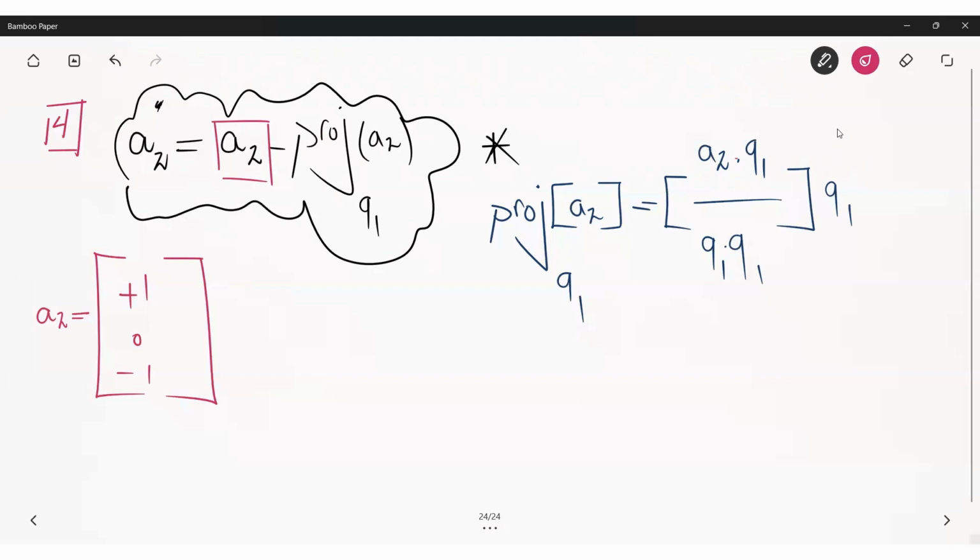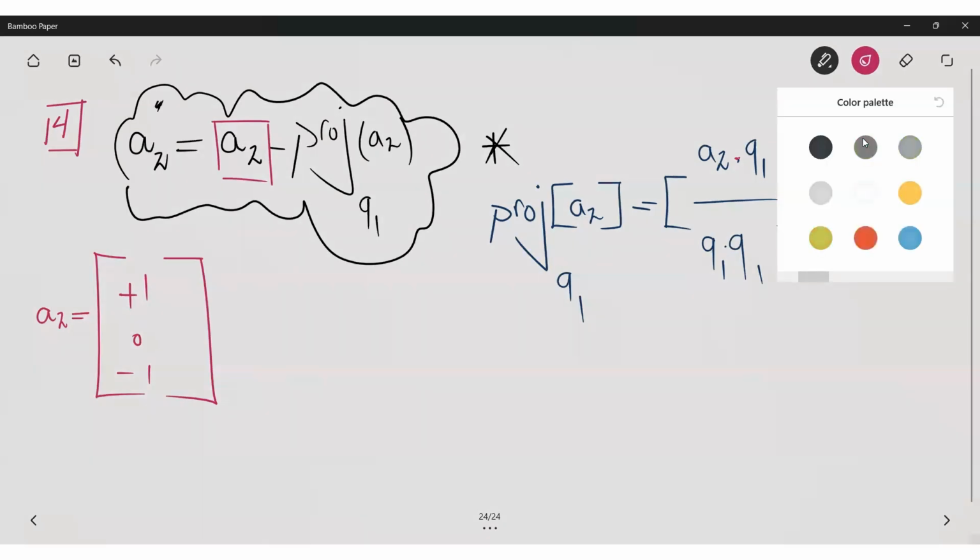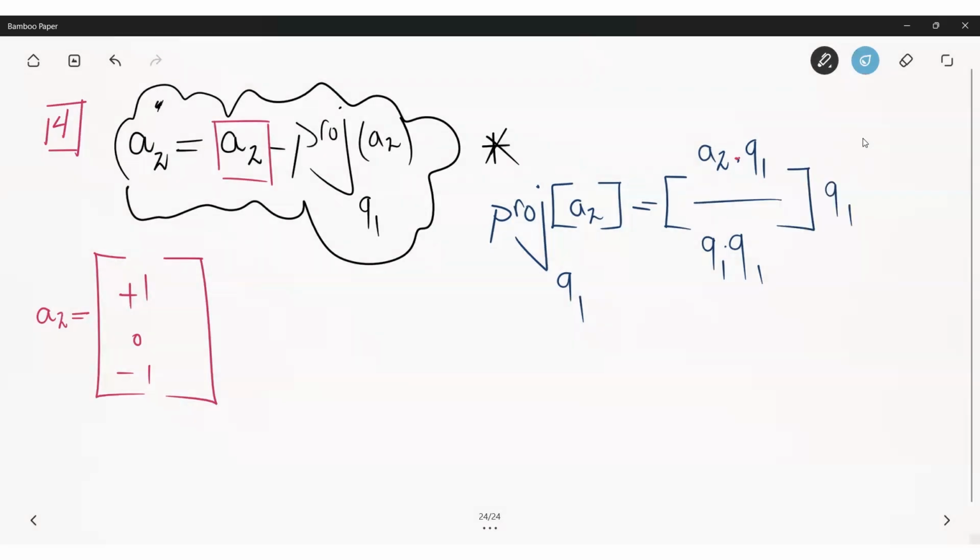Now, in order to do so, we have a dot product of two matrices. What does it mean? Let me write everything that we had. I'm just going to focus on this one: A2 dot Q1. Look at it, there's a trick over there. What is A2 here?